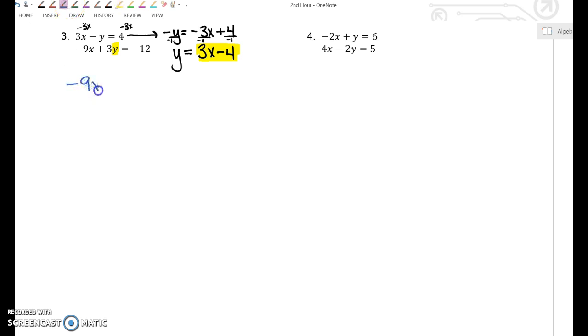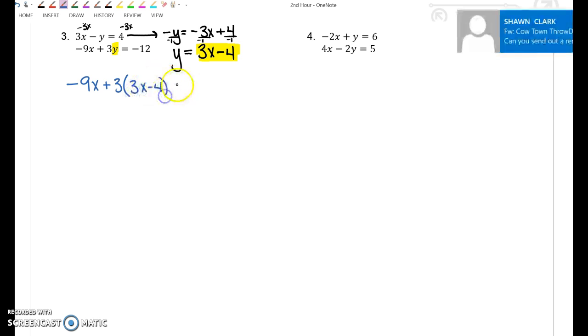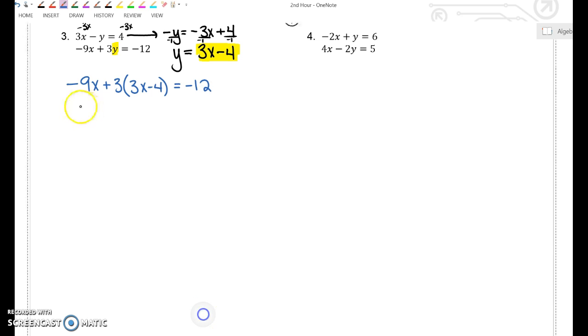Negative 9x plus 3 parentheses. Instead of your y, we are putting in 3x minus 4 equals negative 12. Distribute. We get negative 9x plus 9x minus 12 equals negative 12.